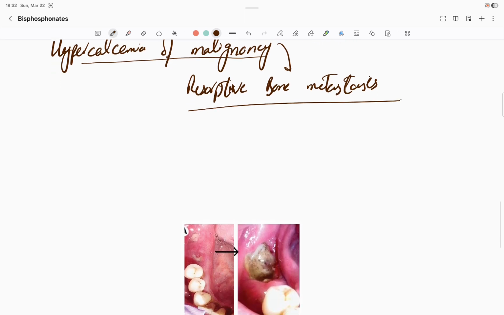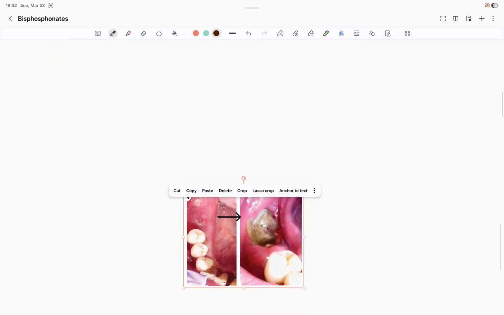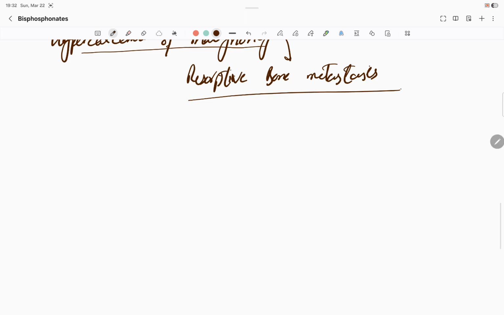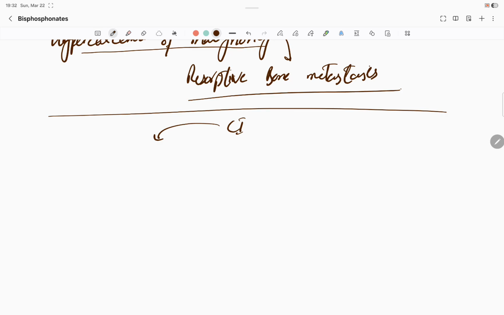Well, if we talk about the contraindications, that is hypocalcemia. Hypocalcemia means low calcium level in blood.